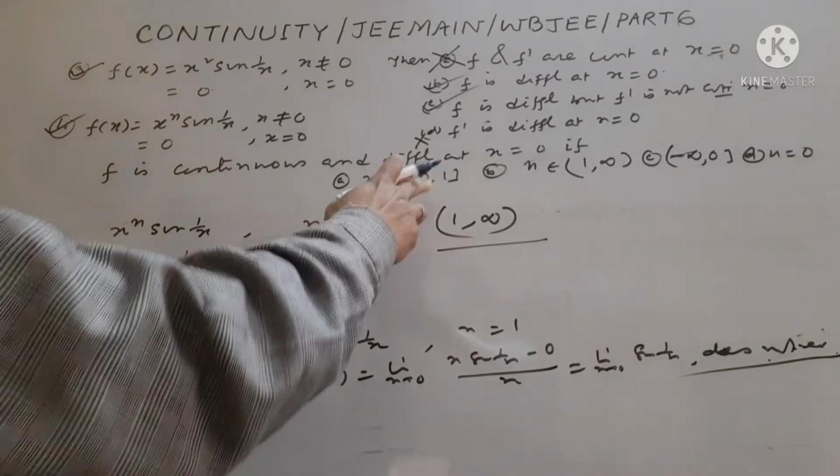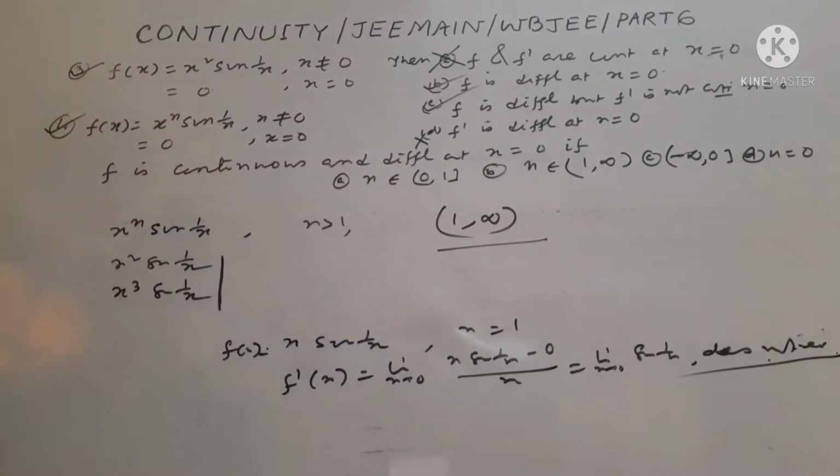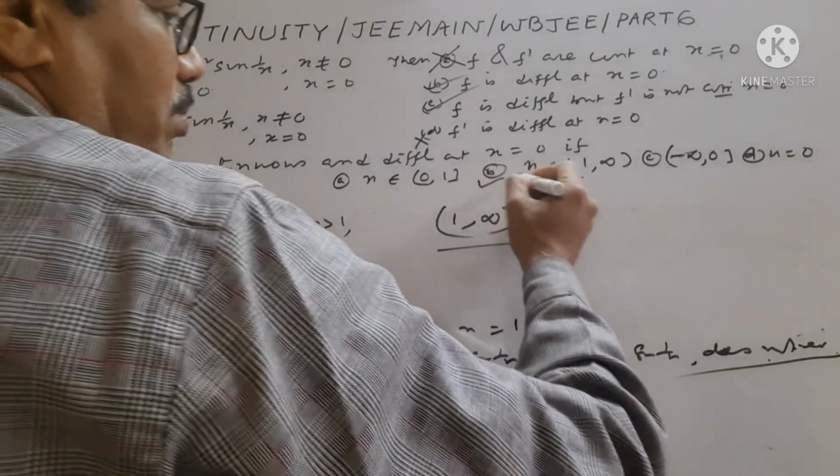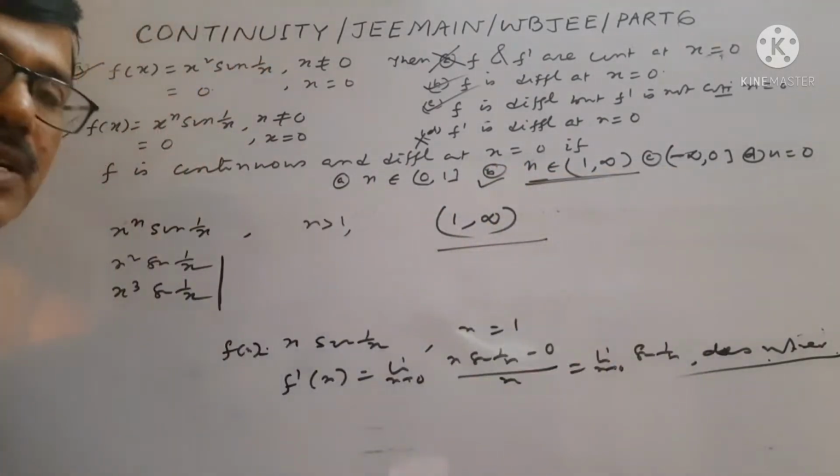Now, if n is 1, then it is continuous but not differentiable. So, you remember this result.